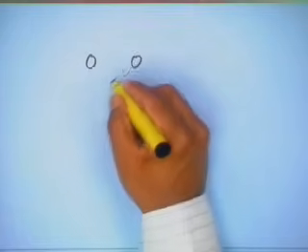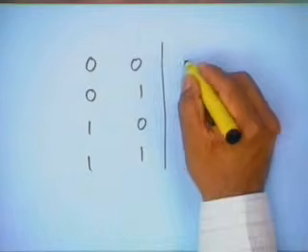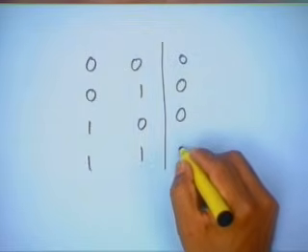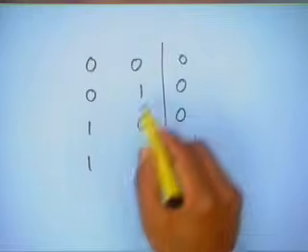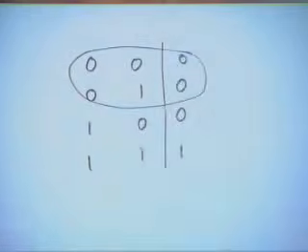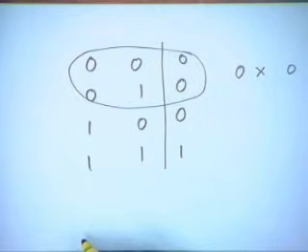So there are two inputs and the output is. So if you analyze this AND gate, if you combine these two terms, you can write this as 0x0.